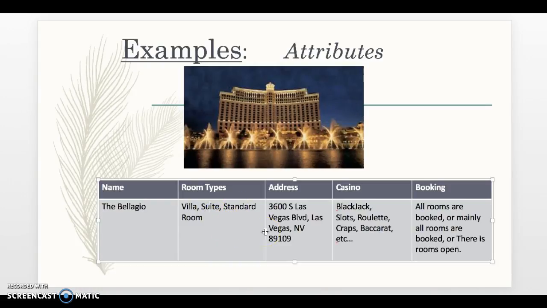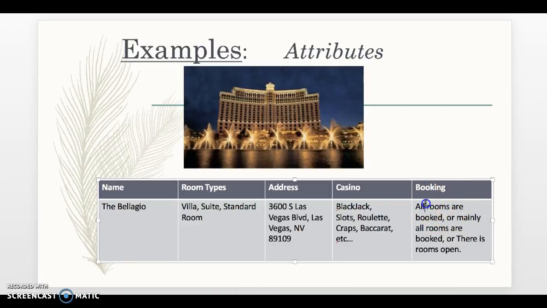The composite attribute is the address because it's made up of different components: the street name, the city, the state, and the zip code. The multi-valued attribute is the casino because it has different types of games: blackjack, slots, roulette, craps. The derived attribute would be booking.